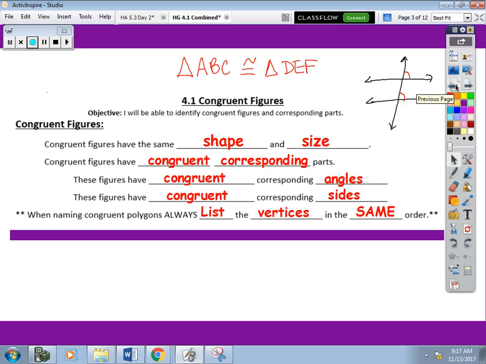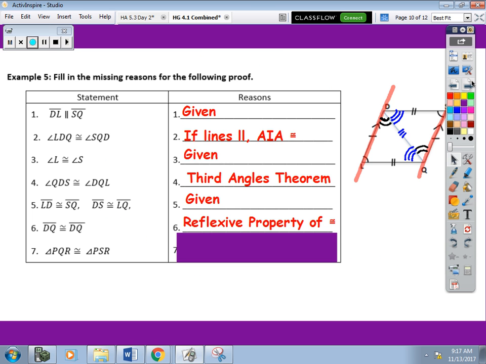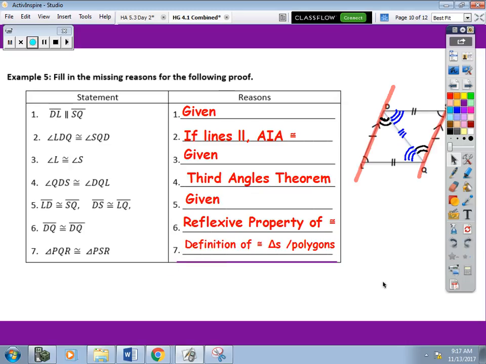We proved that they have congruent corresponding parts. So your final answer is either going to be the definition of congruent figures or polygons, or most of the time they're going to be triangles, so I usually say definition of congruent triangles. But I probably have both here. Definition of congruent triangles or polygons. The definition of a congruent polygon is that it has all congruent sides and all congruent angles in terms of corresponding.